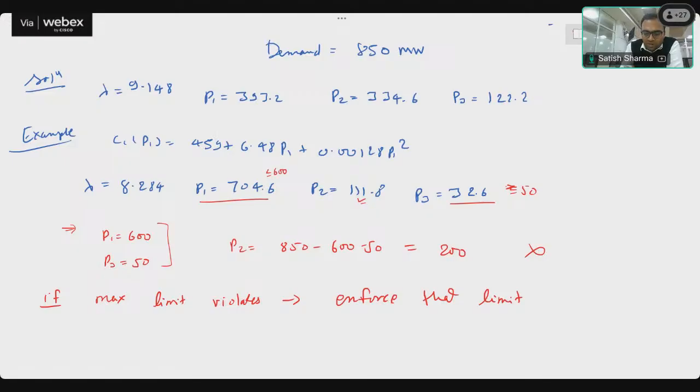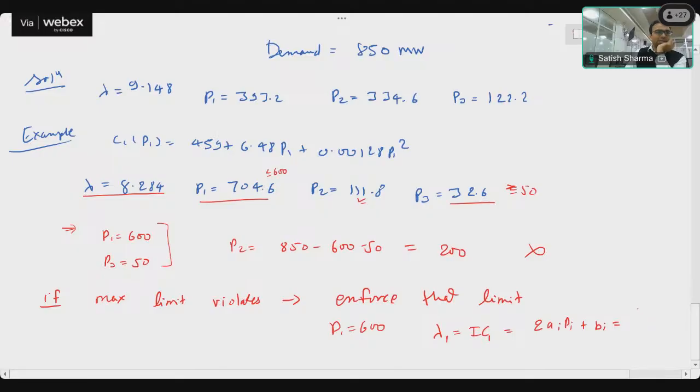Now, another way of looking at the problem is to look at the system price. This is the system price which is coming right now. And if I enforce this limit, let's say I make it 600, what is lambda 1, or I could say the incremental cost of the first generator, that will be 2 a_i P_i plus b_i. And if I put that value here, what will be the lambda? If I put 600 here, you will get a certain value.